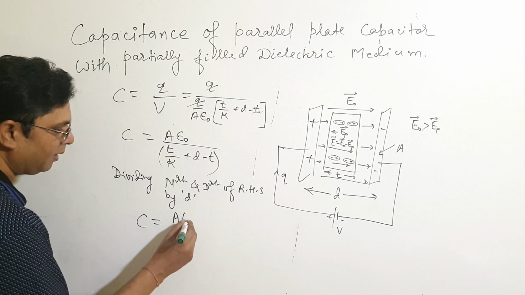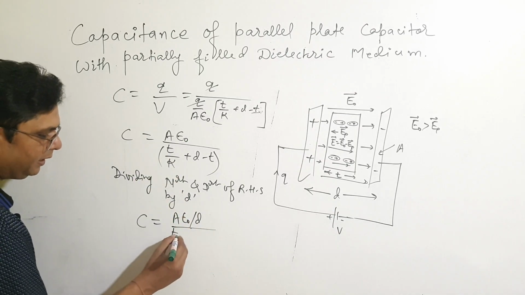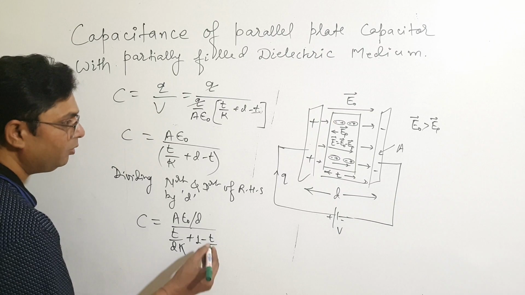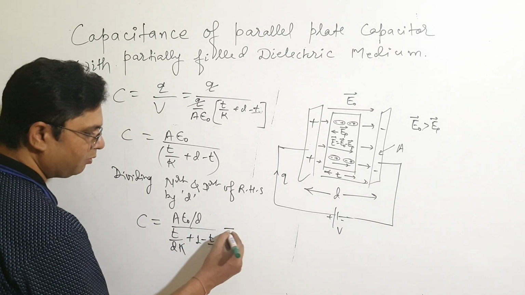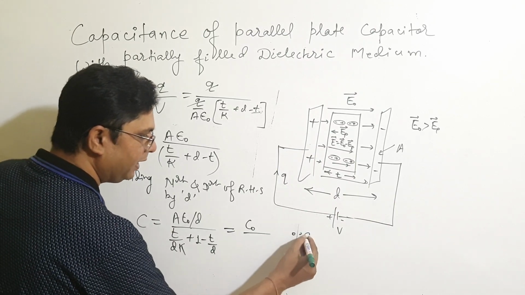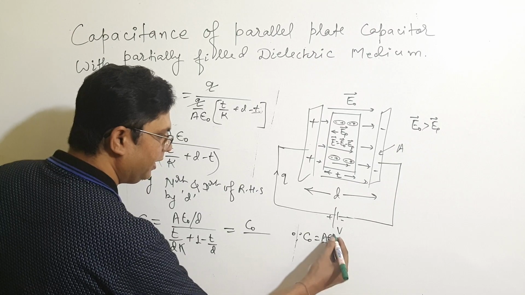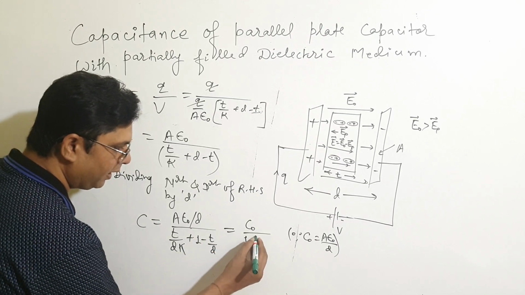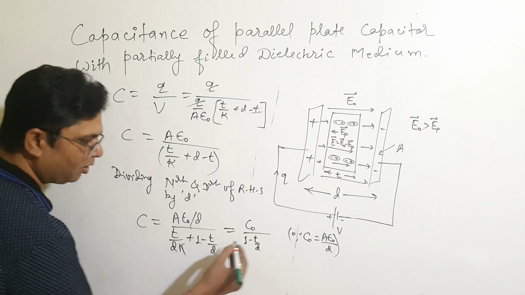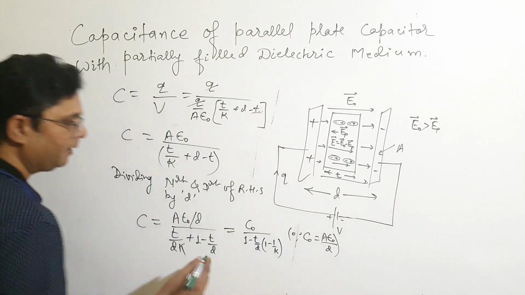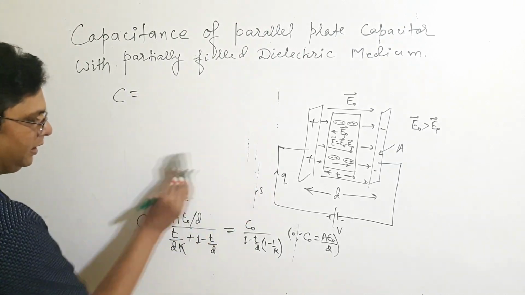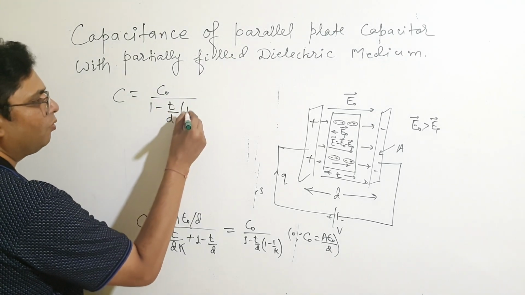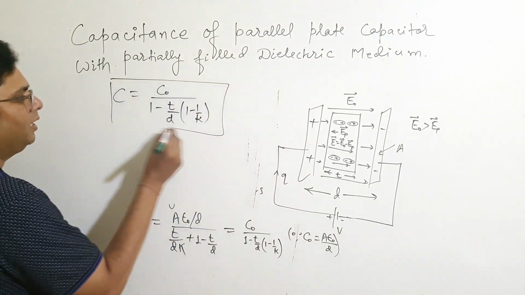C equals A epsilon naught upon D, whole divided by T upon DK plus D upon D minus T upon D, which is 1 minus T upon D. This equals C naught, because you know that C naught is A epsilon naught upon D. So the numerator is C naught, and in the denominator write 1 minus T by D, and take T by D common with a minus sign, so 1 minus 1 by K. Thus you get the value of C: C equals C naught divided by 1 minus T upon D times 1 minus 1 by K. Memorize this formula, it will help to solve numericals.